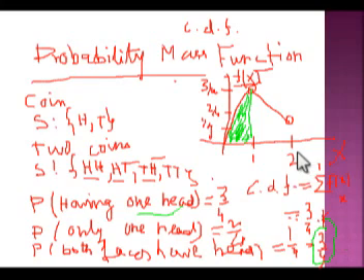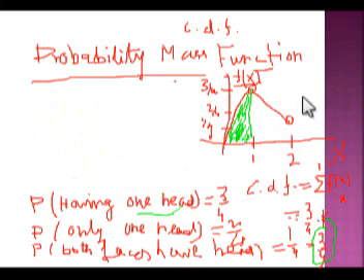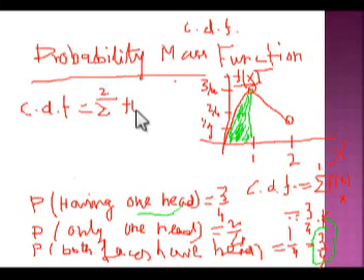Now, if I take up to 2, then the cumulative distributive function will be more. This will be the cumulative distributive function up to 2, summation of f(x) and x.